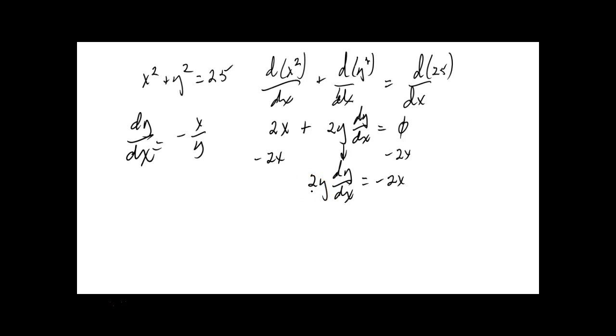Pretty simple. Divide by 2y. The 2y's go out here, and you're left with dy/dx. And over here, the 2's go out. They've been dating. No, I'm just kidding. Okay, and what do you have? Minus x over y. And that's exactly what that differential equation says.